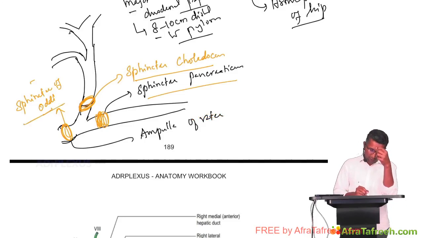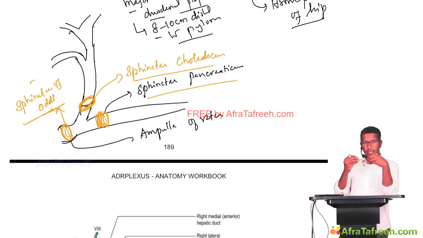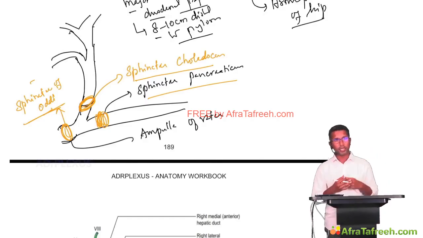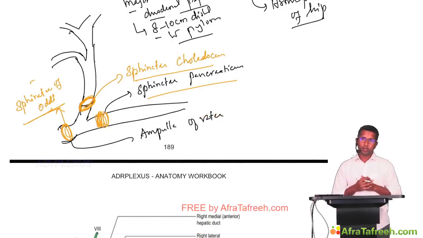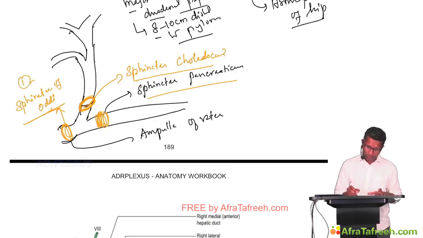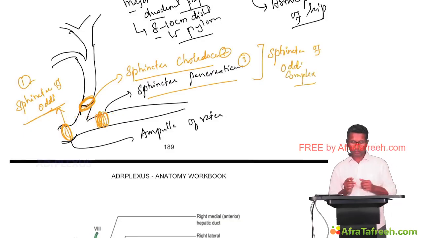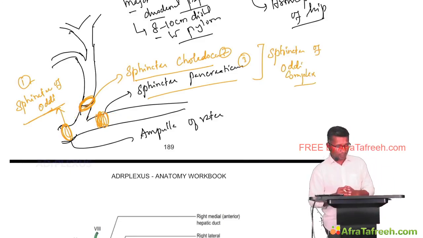The ampulla of Vater, where the bile duct and the pancreatic duct fuse with one another, is surrounded by a sphincter called the sphincter of Oddi, and these three sphincters together are called the sphincter of Oddi complex.